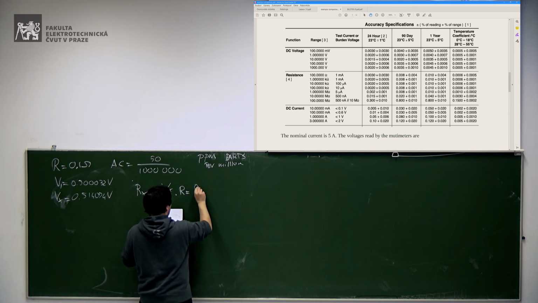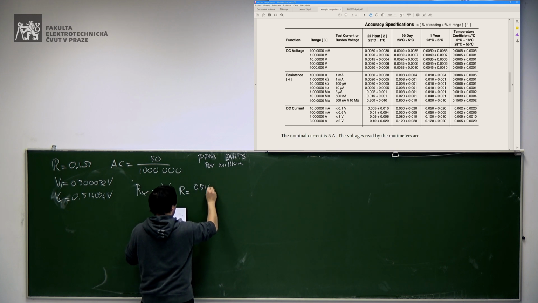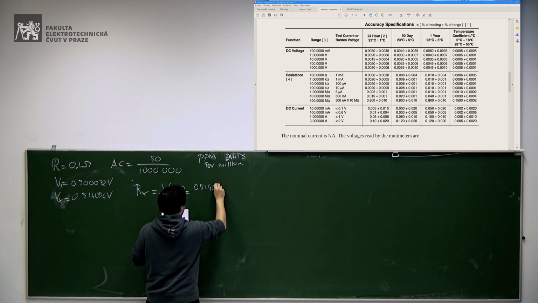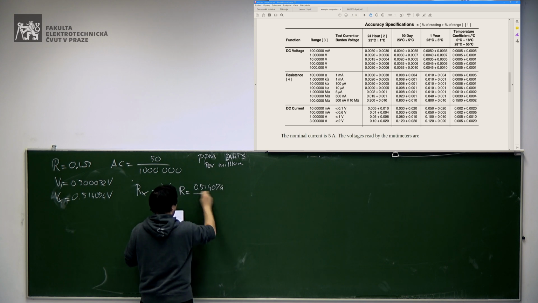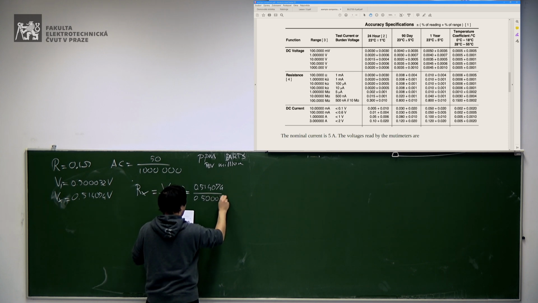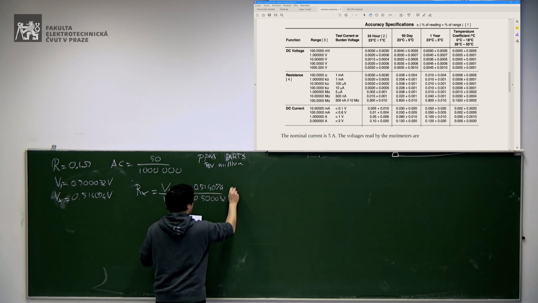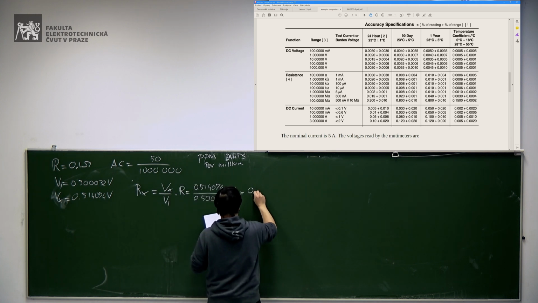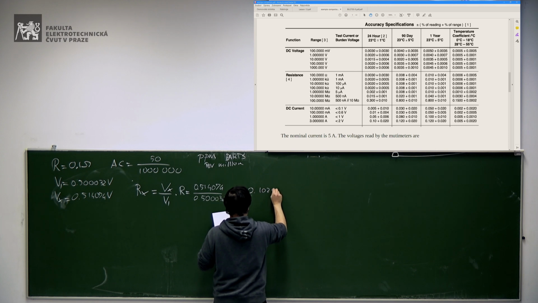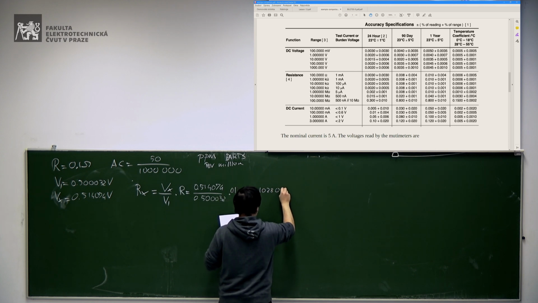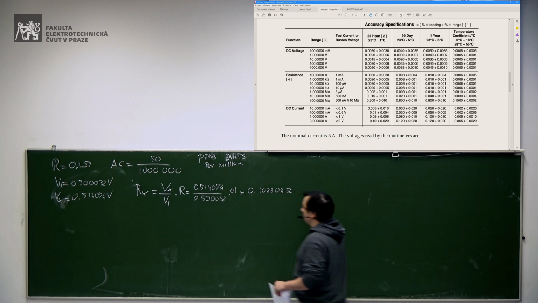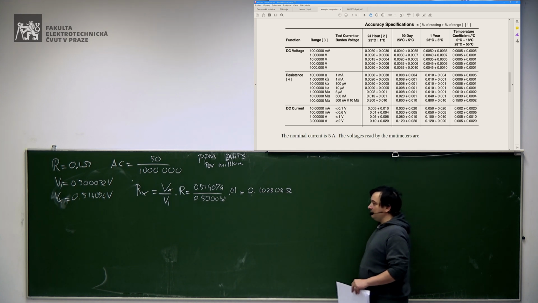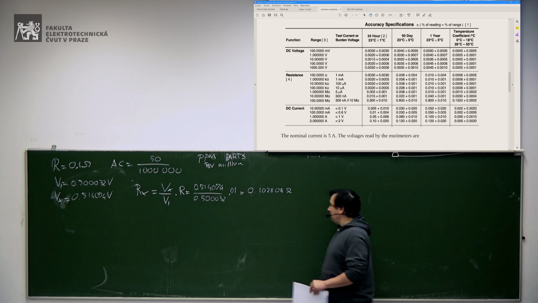So it will be 0.514074 divided by 0.50032 times 0.1 ohms, which will give you 0.102808 ohms.